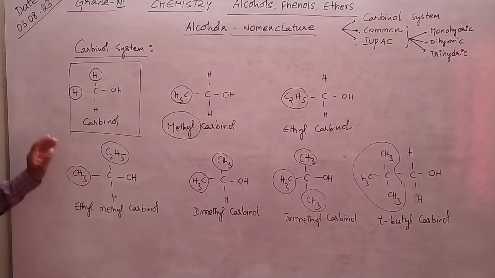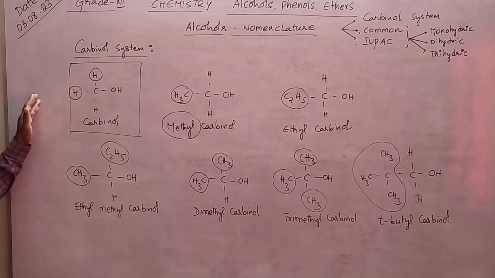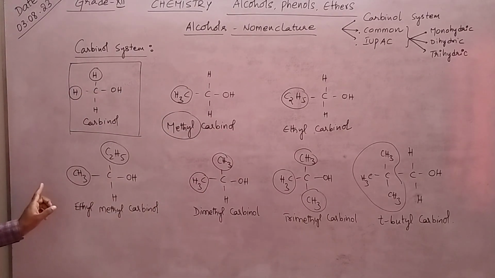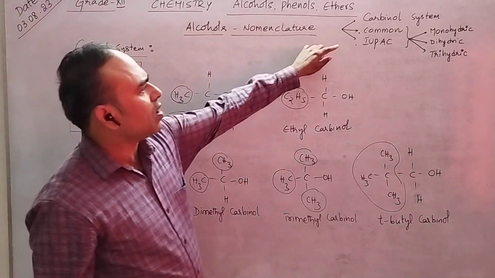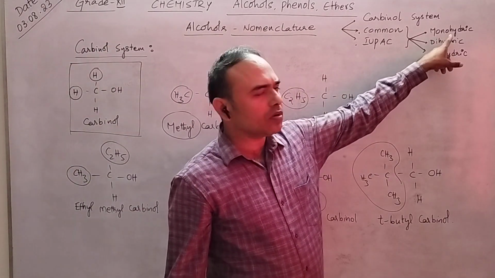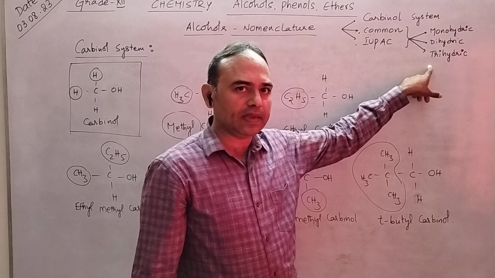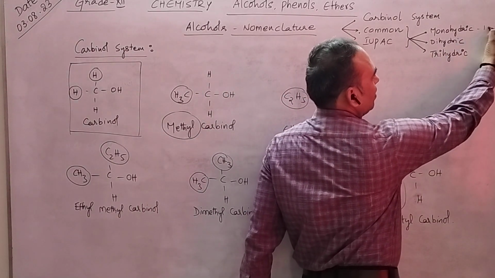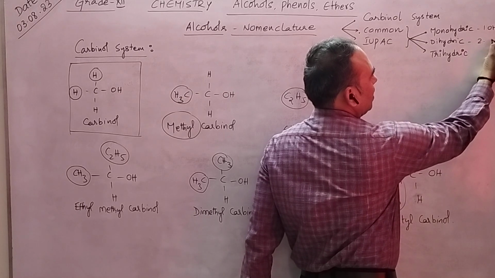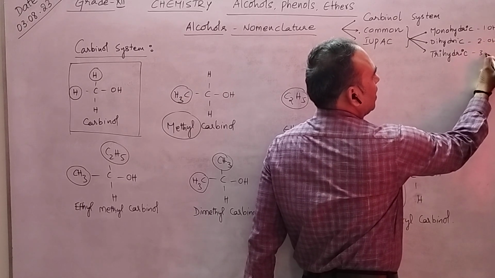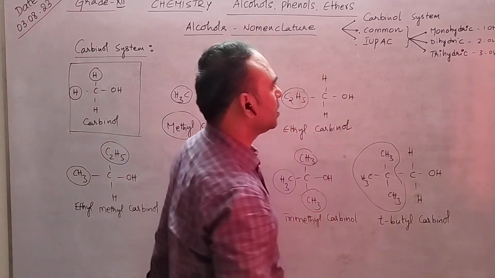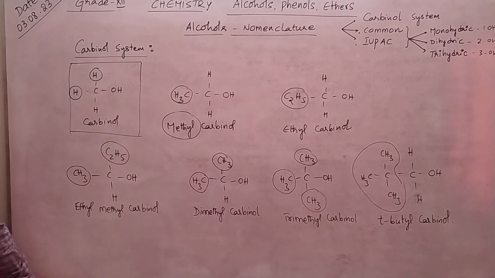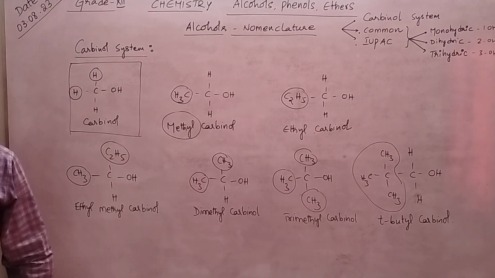Fine. So this is about our first system of nomenclature of alcohols, that is taking the carbinol, we have given the derivatives of carbinol. Next one is common and IUPAC, wherein you are studying monohydric, dihydric and trihydric alcohols. Monohydric, as you are aware, contains one OH group, dihydric has two OH and trihydric has three OH groups. Let us discuss common and IUPAC nomenclature.